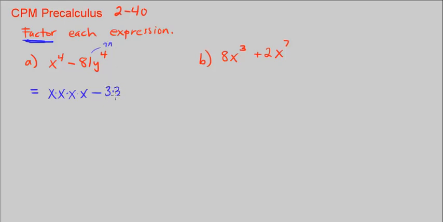So that's going to be 3 times 3 times 3 times 3, right? Then we're going to multiply times y times y times y times y, right? So is there anything that we see common in these two? No, right? There are not. So that means we cannot factor anything out.